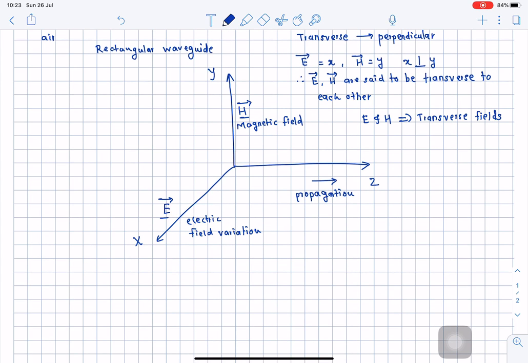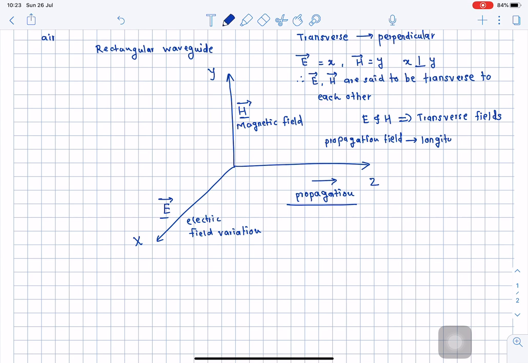Whatever field exists along the direction of propagation, here z, we call a longitudinal field. So here I will write propagation field. This propagation field we normally call a longitudinal field.